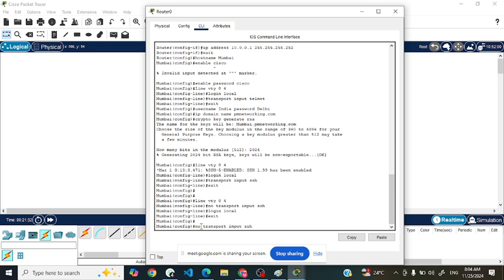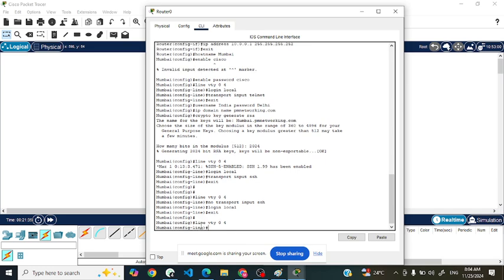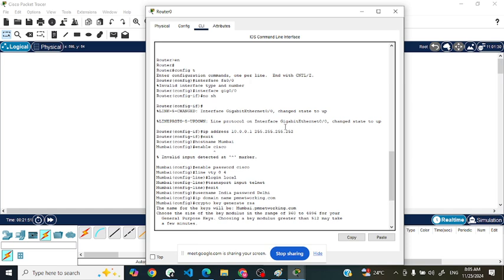Sir, if we configure SSH and we do not configure Telnet, will Telnet work? That is similar to what we are doing here. We have already configured the telnet here.